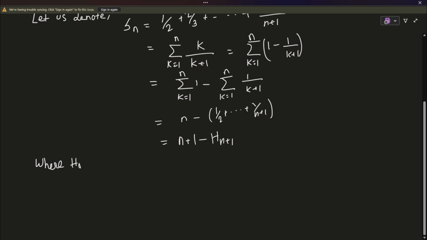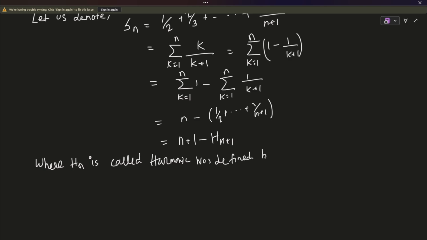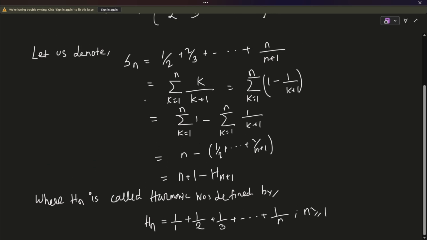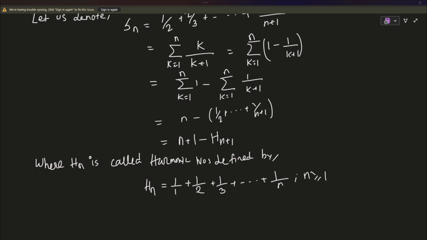These are called harmonic numbers, defined as follows. For natural numbers n, harmonic numbers would be defined like 1 by 1 plus 1 by 2 plus 1 by 3 and all the way up to 1 by n, n greater than or equal to 1. H0 is conventionally taken as 0. So we agree that the sum is basically n plus 1 minus Hn plus 1.